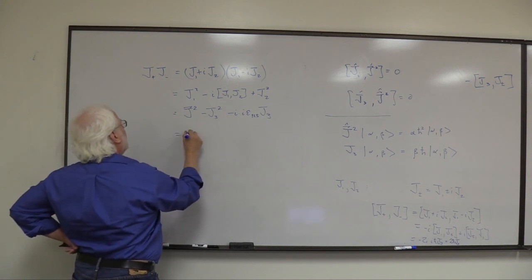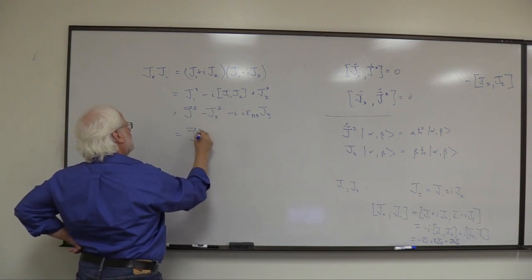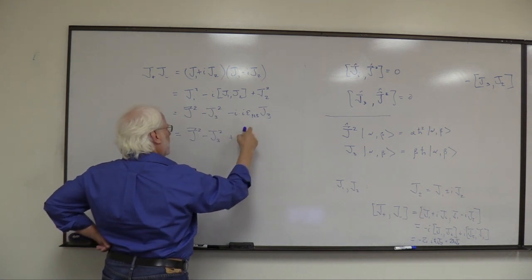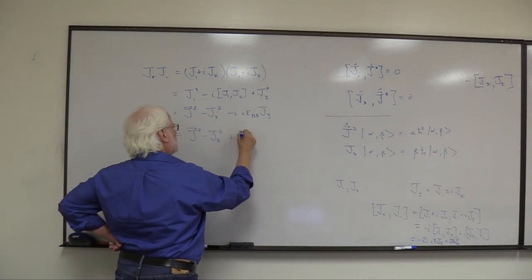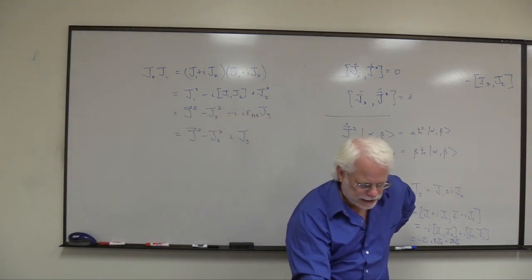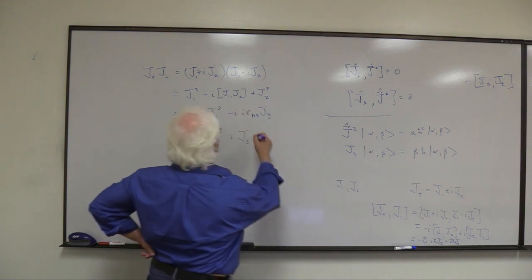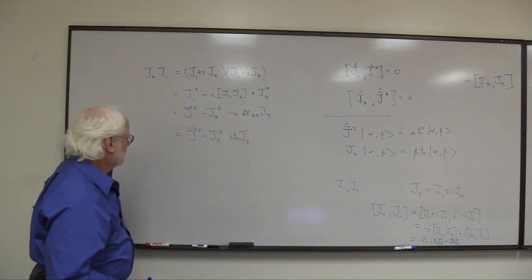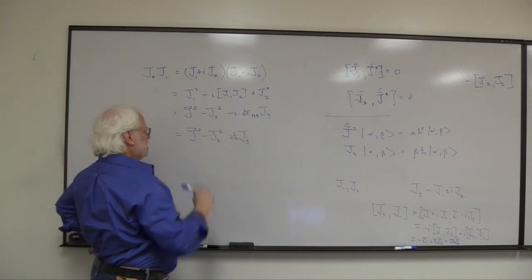So finally, I can write j plus j minus as j squared minus j3 squared plus epsilon 1, 2, 3 is 1, plus h bar j3. Just check that. I lost the h bar. There's an h bar here, h bar j3. Yeah, that makes it easier. Squared needs the extra h bar.